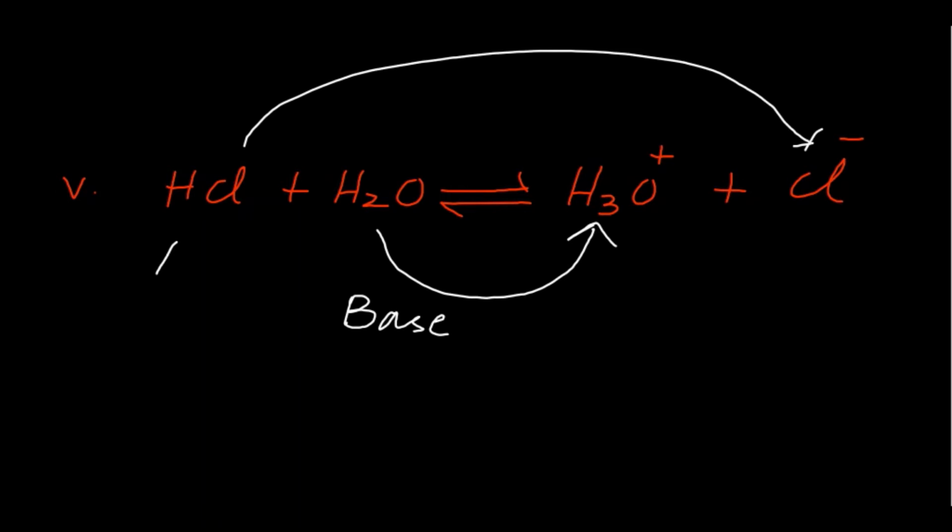Since HCl is proton donor, that's why HCl is Bronsted acid. Water is proton acceptor, so it is Bronsted base. Students, I hope you understand the concept of Bronsted acids and bases.